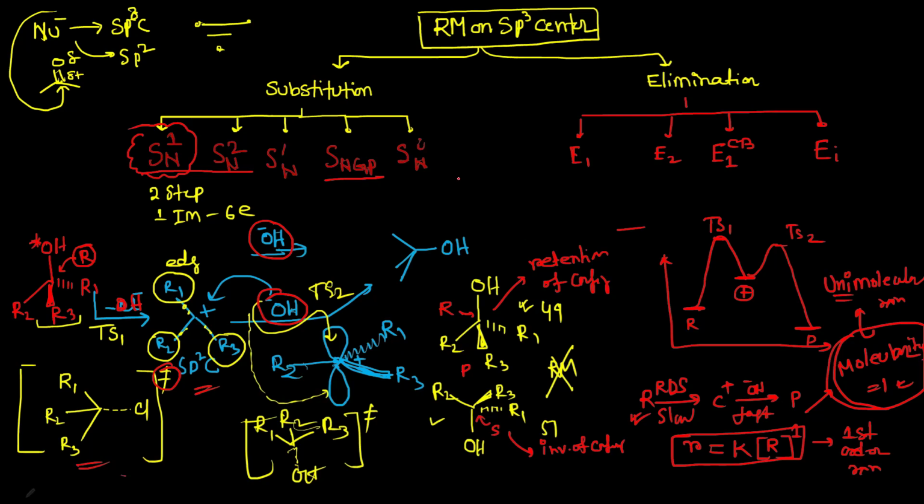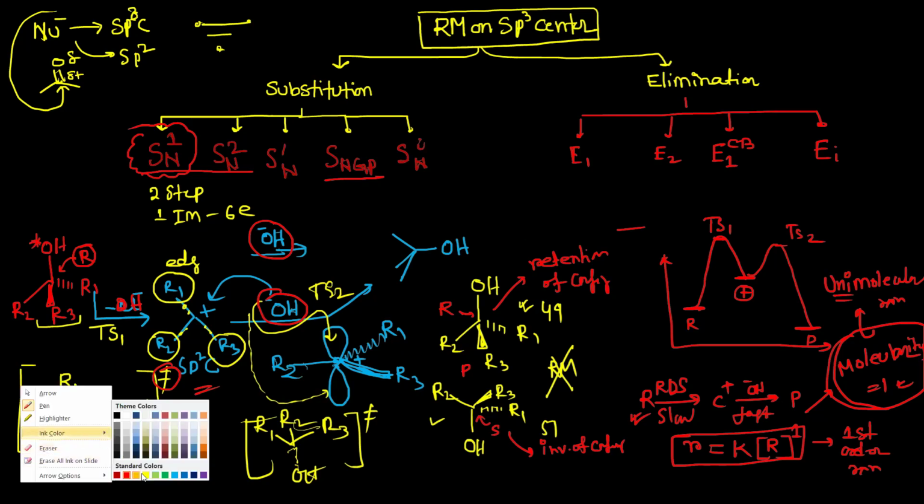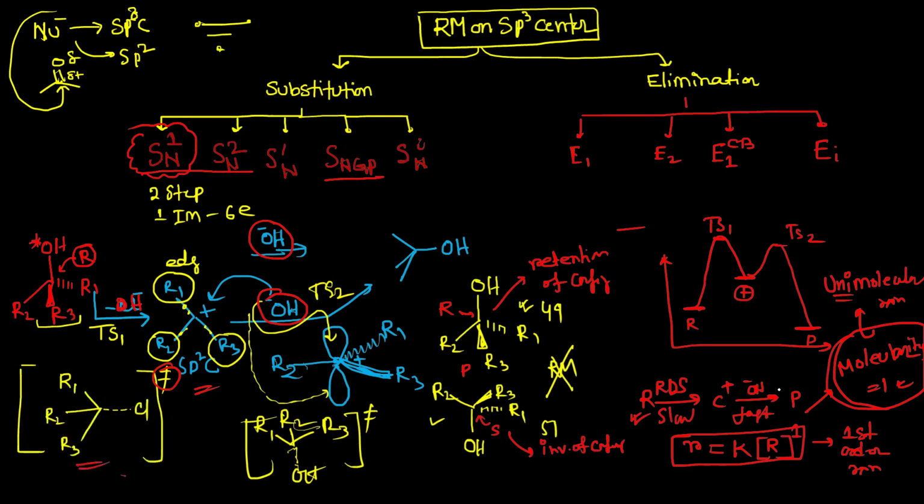On which factors does this SN1 reaction depend? I have told you that the rate is dependent on the reactant concentration to the power 1, and the first step is the rate determining step. The overall rate depends on the speed of that first step, so the faster the first step, the greater the rate of reaction.